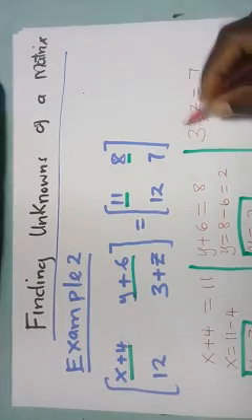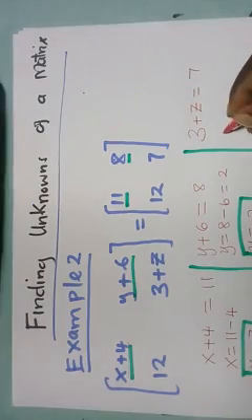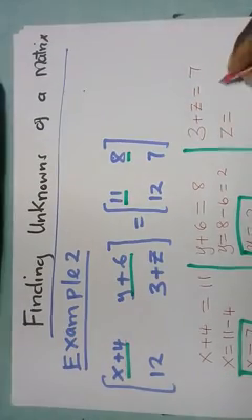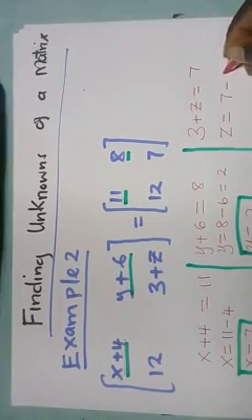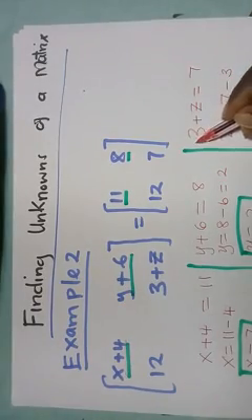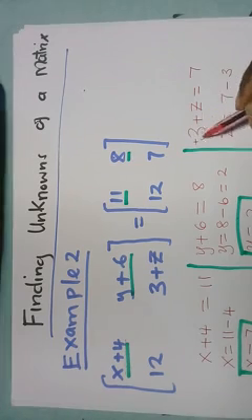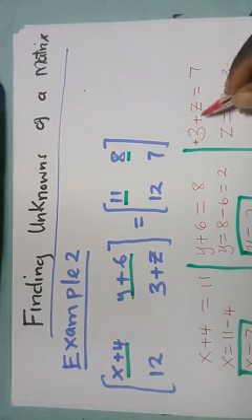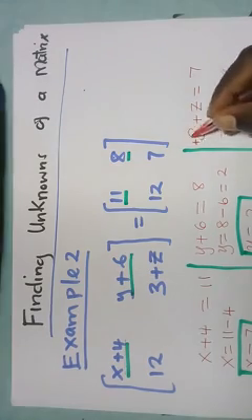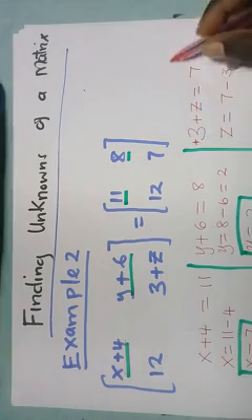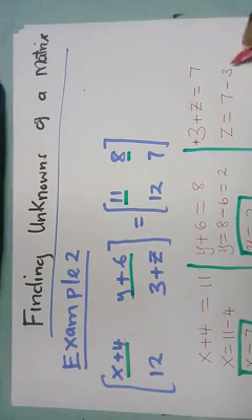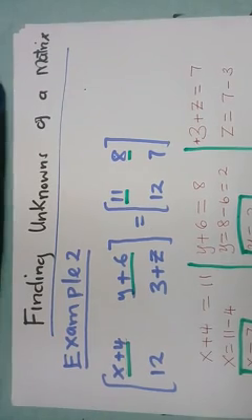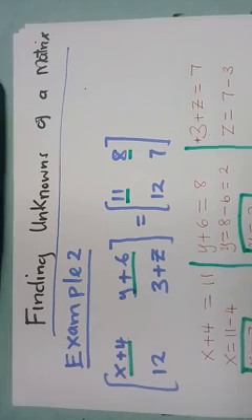Therefore, we can take 3 to the other side, and z will be equal to 7 minus 3. This 3 is positive here. Remember from integers, numbers that do not have a sign behind them are taken to be positive. So when it jumps over the equal sign, it will become a negative. So we can say that z will be the same as 4.